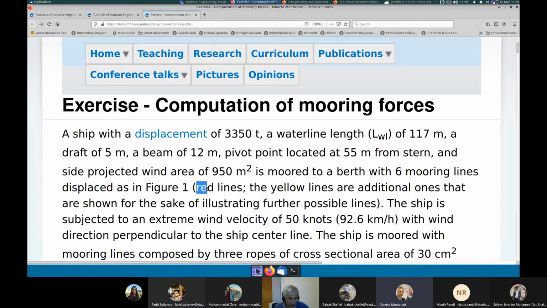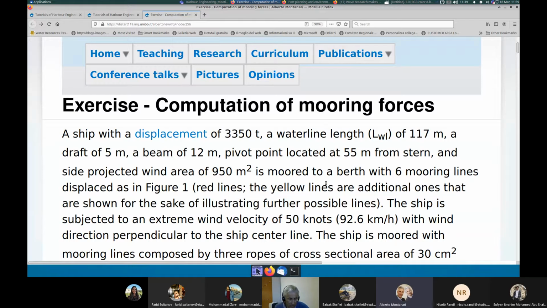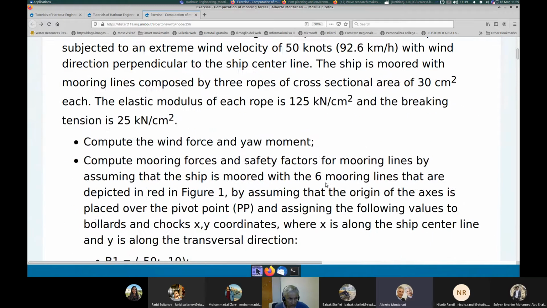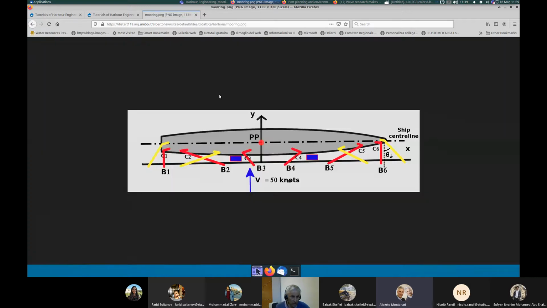Red lines, so in figure 1 we have to look at the red lines. The yellow lines are additional ones that are shown for the sake of illustrating further possible lines. So this ship is assumed to be moored only with the red lines, and the pivot point is located where you see there.